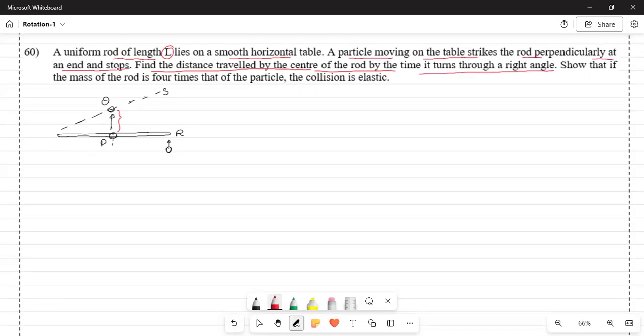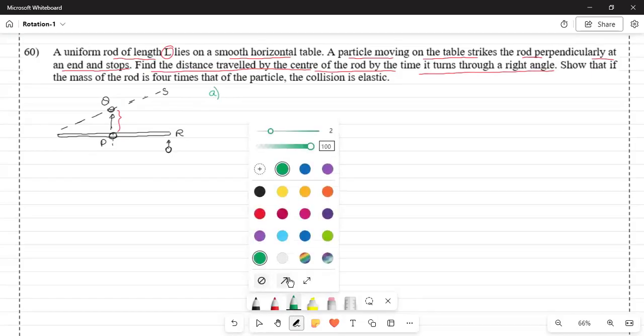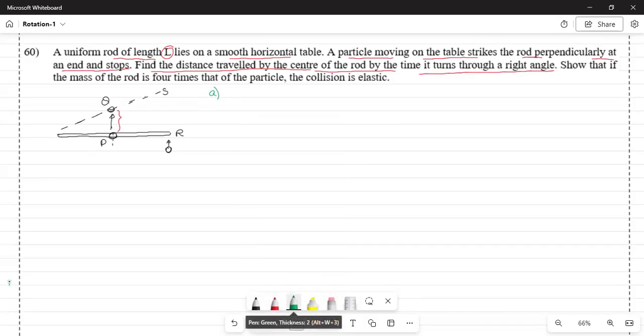Okay? So let us attempt the first part. First part is part A. Let us assume, because the mass of the particle and so on are not given, we have to make some assumptions.